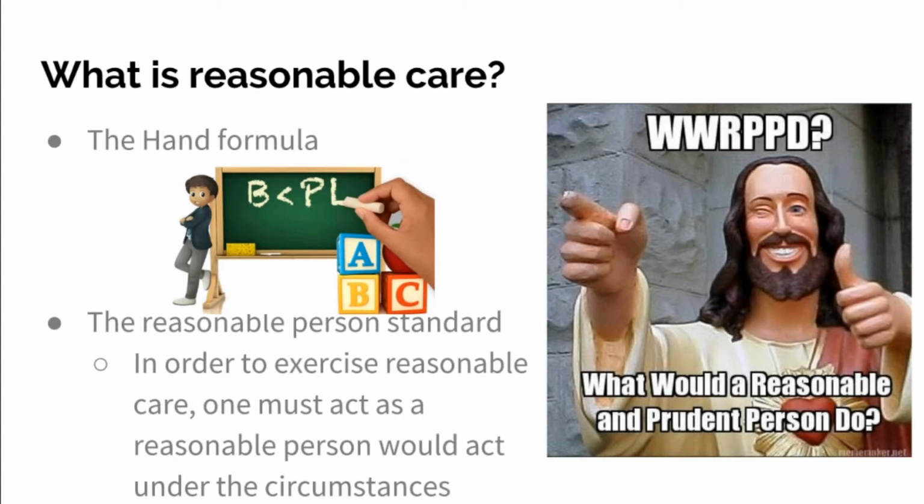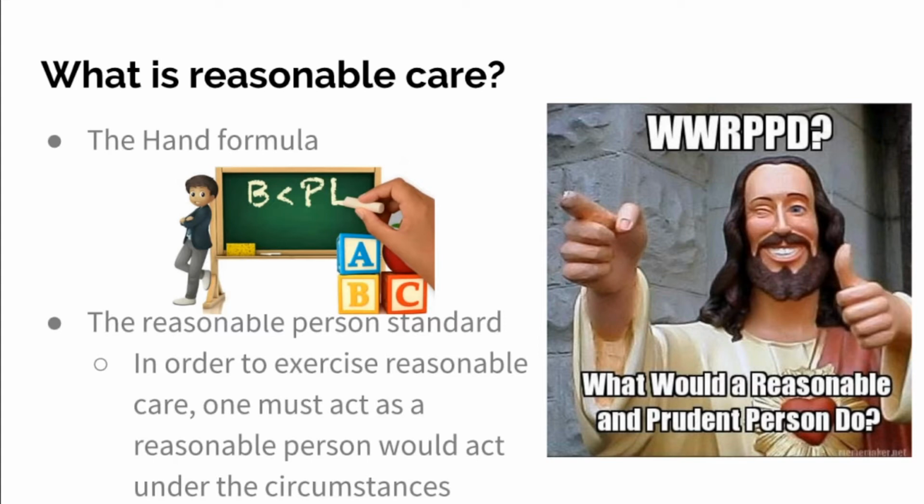So to repeat that, when the precautions an individual takes to prevent harm, so their burden to prevent harm, is less than the probability of an injury occurring and the impact that an injury will have, then an individual has acted negligently.